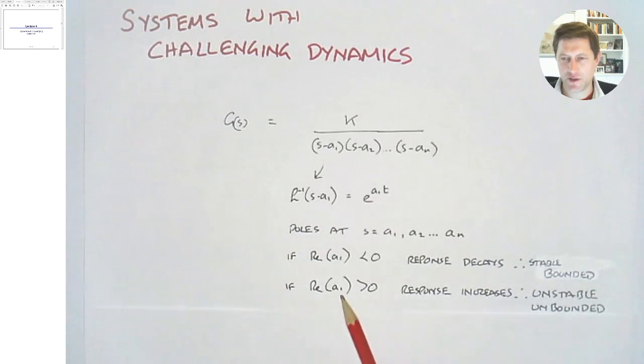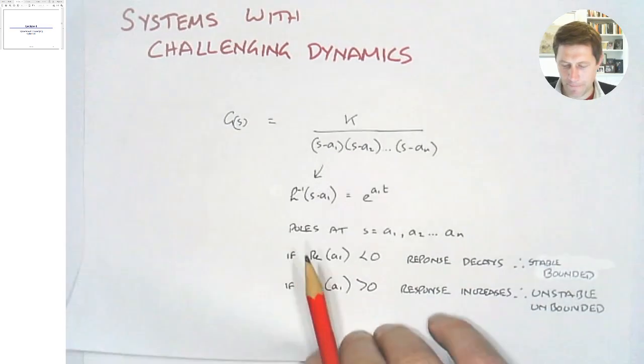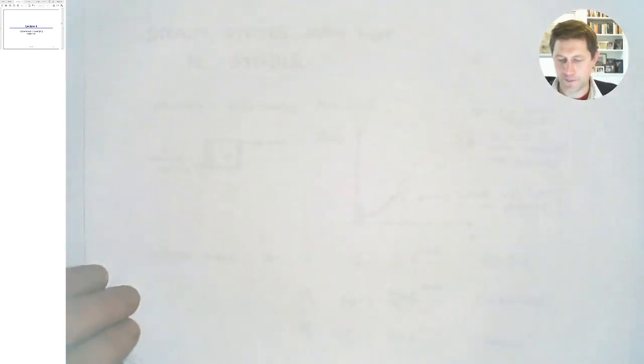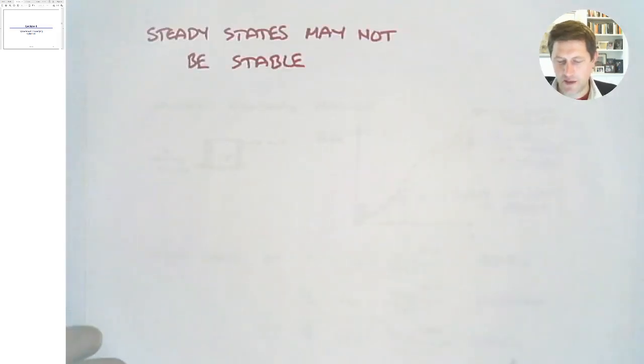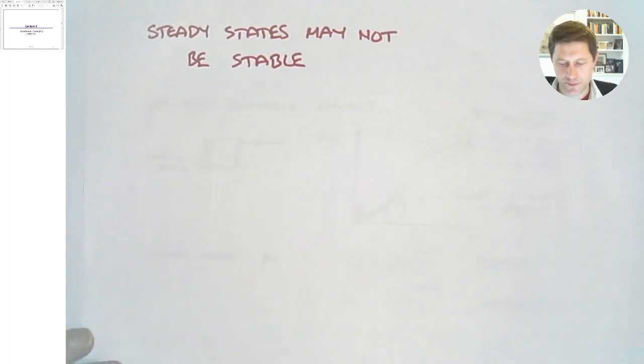Conversely, if the real part of a1 is greater than 0, this is going to be a response that increases. So we'd say it was unstable, it's unbounded, because it doesn't stay within any limits. So we understand what stability is. We're going to see that there are occasions where you can have a steady state which isn't stable.